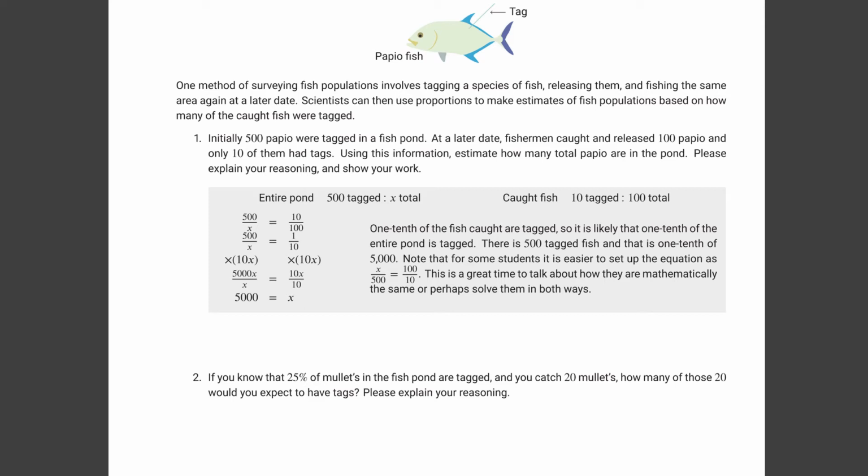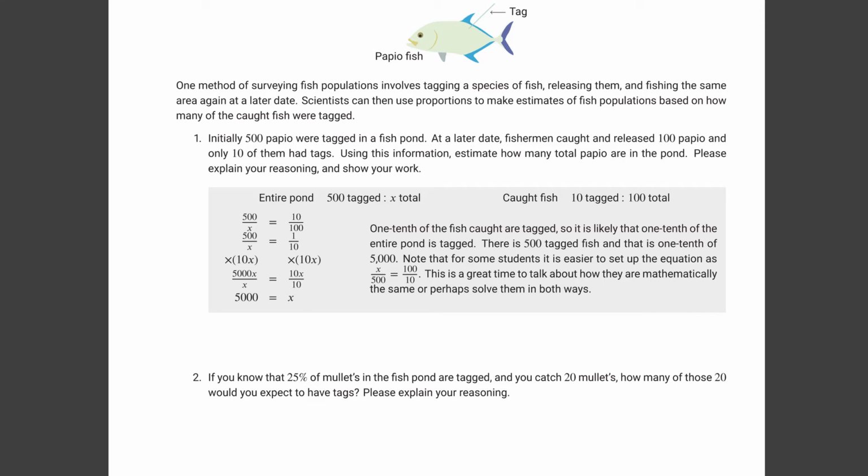And these fractions are equal because the sample is supposed to represent the population it came from. So we have that 500 over x equals 10 over 100. Solving for x gives us x equals 5,000. So the population of the papio in this pond is estimated to be about 5,000.